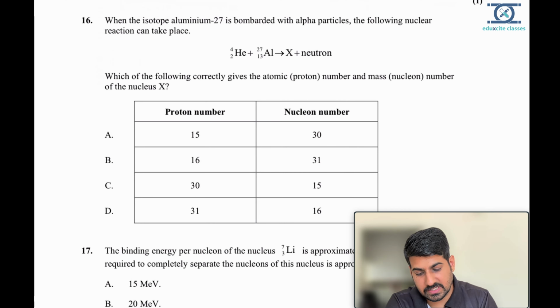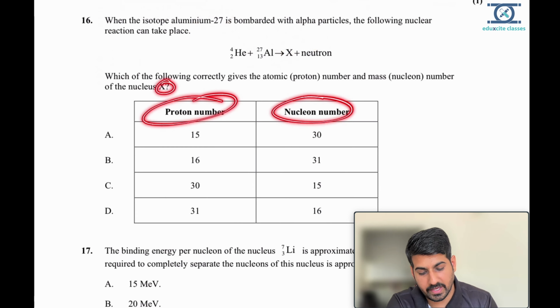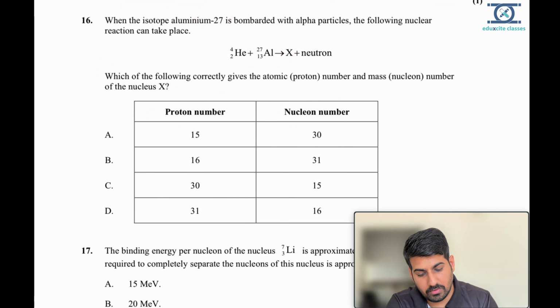Now question number 16, if you see, an isotope of aluminium bombarded with again an alpha particle gives X, we don't know, an unknown element, with a neutron. Okay, now what should be the proton number and nucleon number of X? So if you see that, neutron will be written as what?